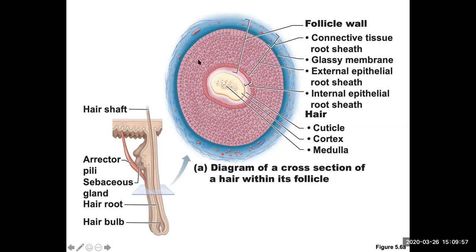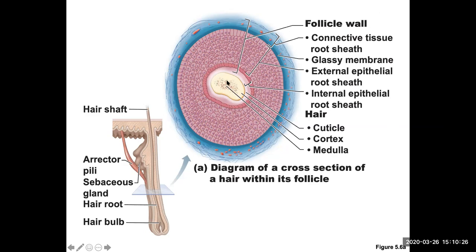And then this right here is a cross section of a hair follicle. This little transverse plane here reflects what we're looking at here. We've got the, oh, I've got to rearrange again, go away. Okay, we've got the actual hair right here, okay?